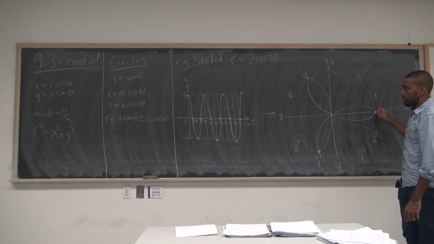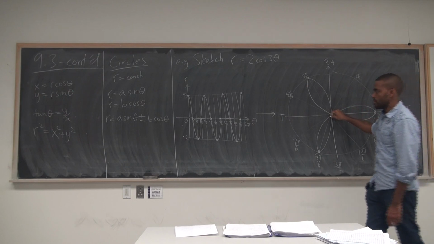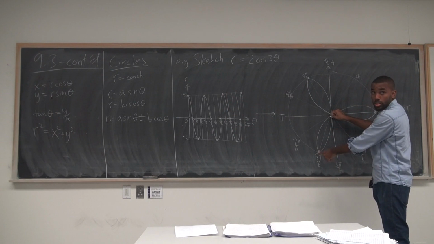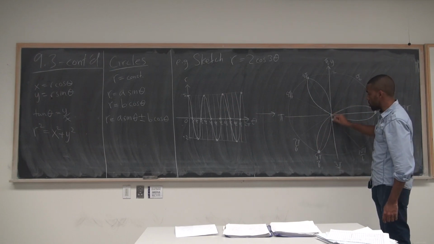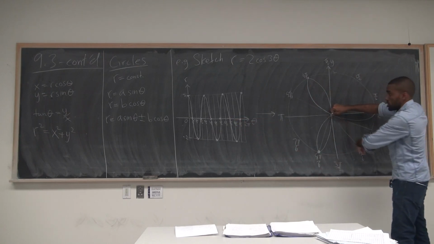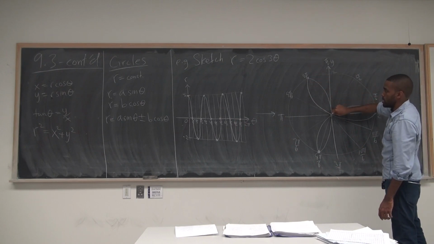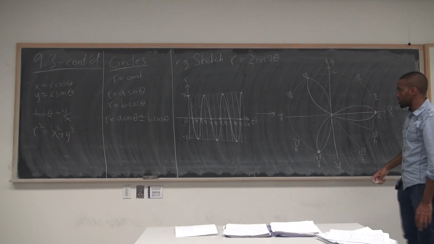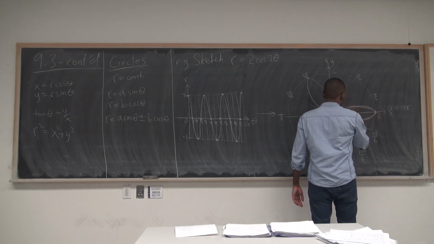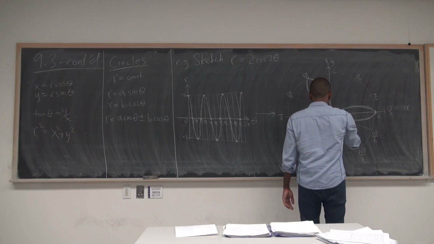Then for 7 pi over 6, I come back to 0. 8 pi over 6, I go to 2, but you see that's already filled in. Right now I'm just going to retrace this loop. I come back to 0 at 9 pi over 6, then for 10 pi over 6, I'm going to go to the negative, retrace that loop, and then by the time I hit 2 pi, I come back here. So it's really just 3 petals. That's my graph here.